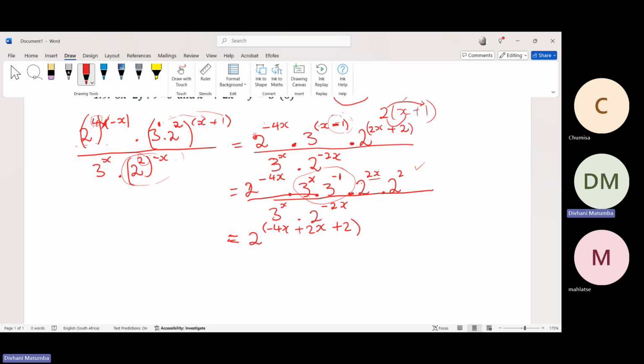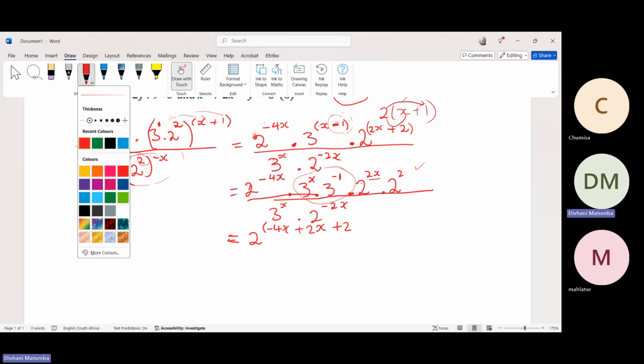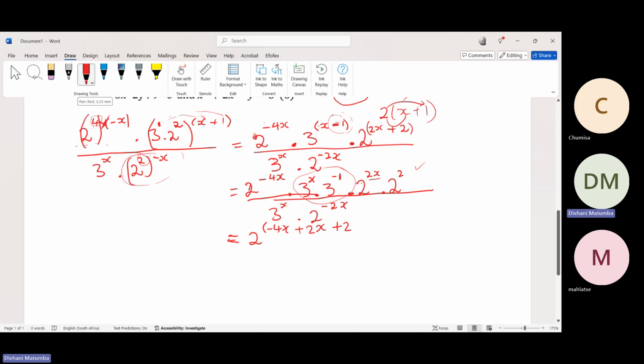And then times 3 to the power of, or do you think we are done? I don't think we are done with 2. Because how many 2's do we have? We have 1, 2, 3, 4. And we only have 1, 2, 3 exponents. How do we deal with these exponents?